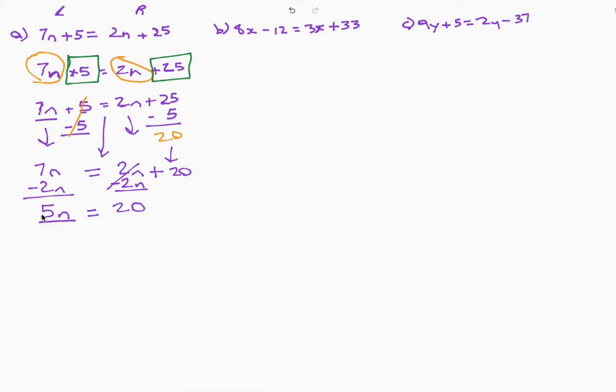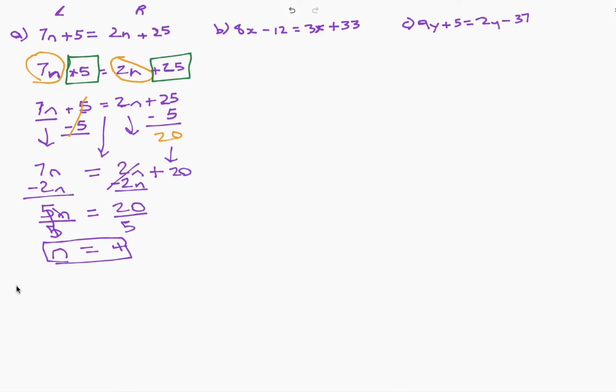So we're going to divide by the coefficient on both sides of the equation. 5 cancels out. We're left with n. And this side is equal to 20 divided by 5, which gives us 4. And that is our solution.